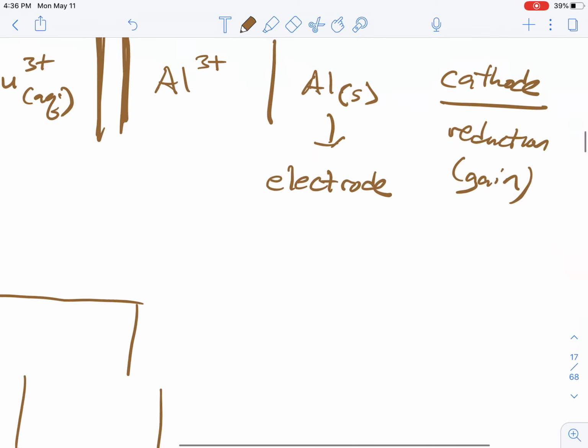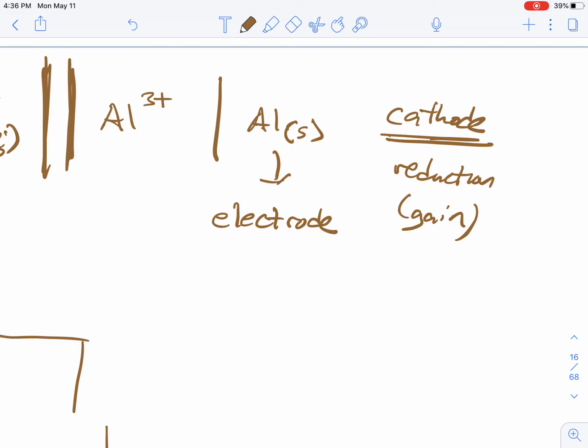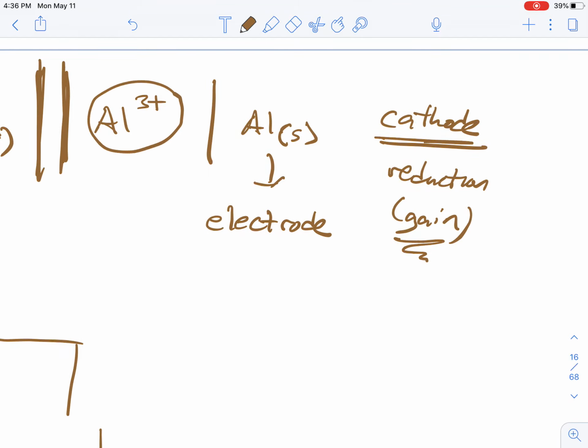And since cathode represents a gain of electrons, those ions in the solution are going to absorb those electrons, and it's going to become a solid. In other words, it's going to stick onto the aluminum electrode that's already there.